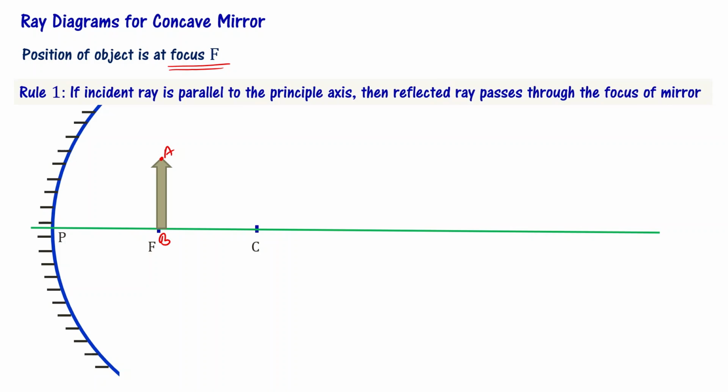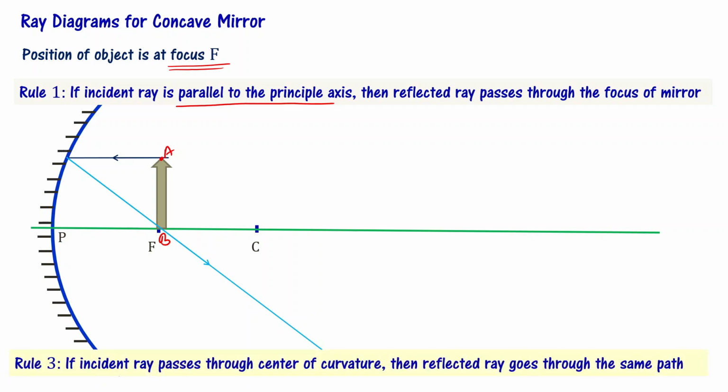The first ray is, as usual, we are going to draw an incident ray which is parallel to the principal axis from point A, and it has to pass through focus. It has passed through focus, and now I am going to take rule number 3 in this case to draw the second ray from point A.